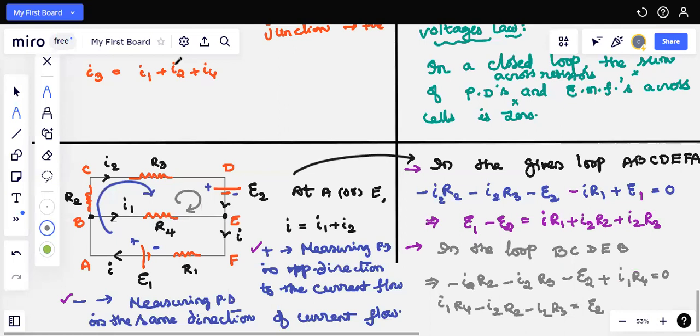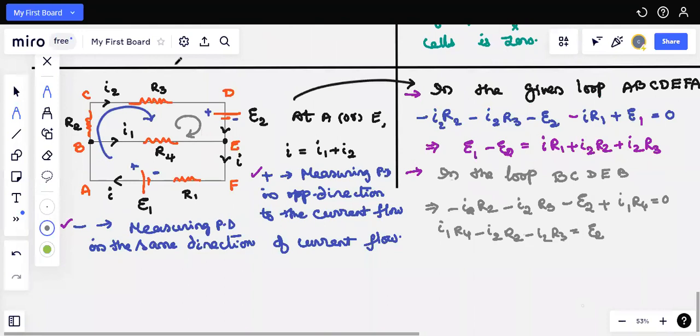These are the Kirchhoff's laws. We are measuring the PDs, and what I said, it obeys the law of conservation of... Anyone remember?